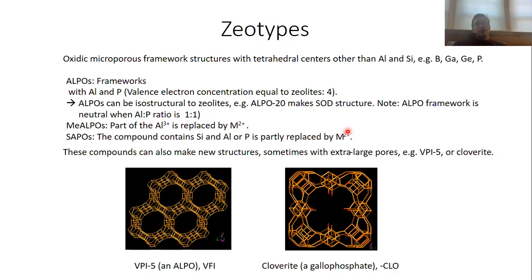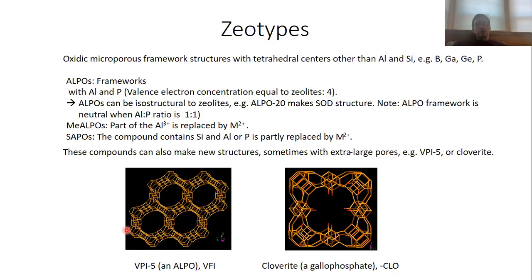Okay. So oftentimes these compounds make similar structures to zeolites or analog structures for zeolites, but there are also new structures that are known, for instance, VPI5 or cloverite. These are examples that have extra large pores.